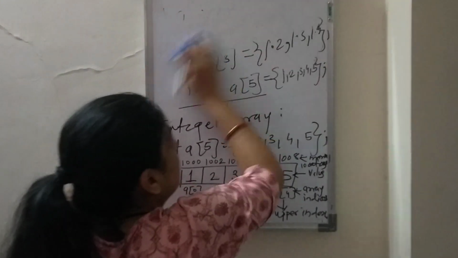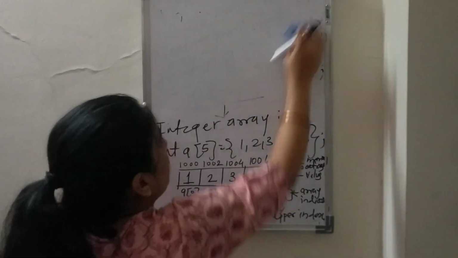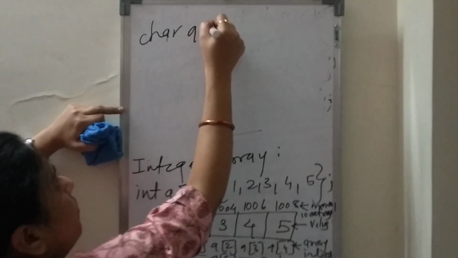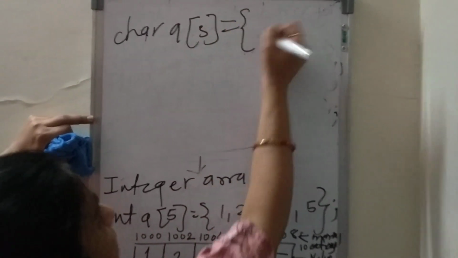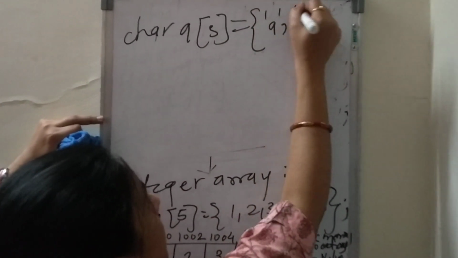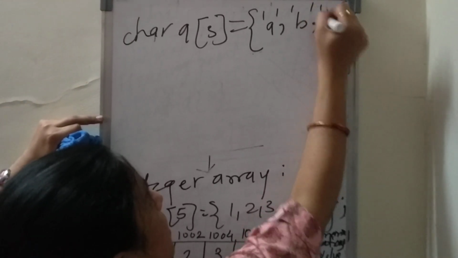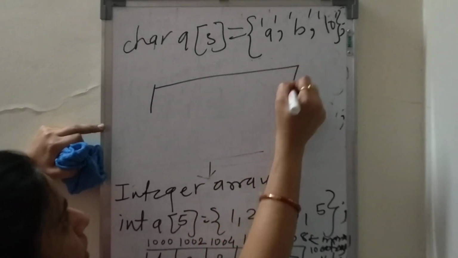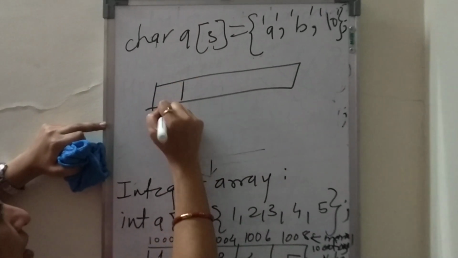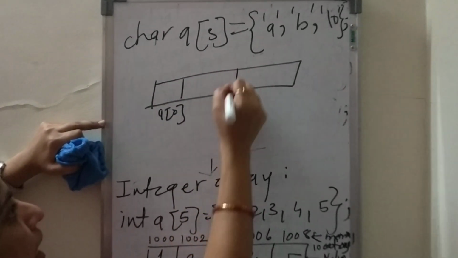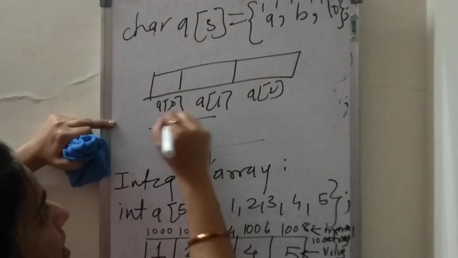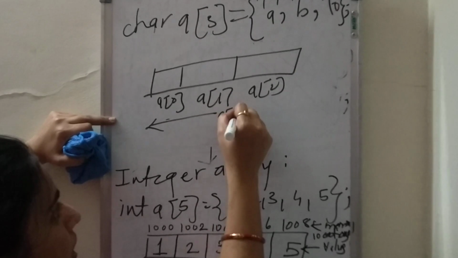Now we will discuss memory mapping of character array. Suppose char A of 3, this is initialization of character array, A, B and null, as character array terminates with null. So first A of 0, second A of 1 and A of 2, as the size is A of 3.